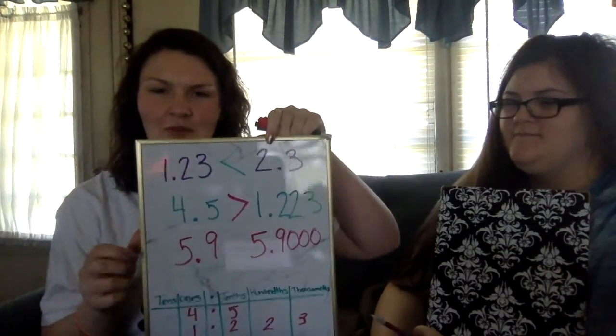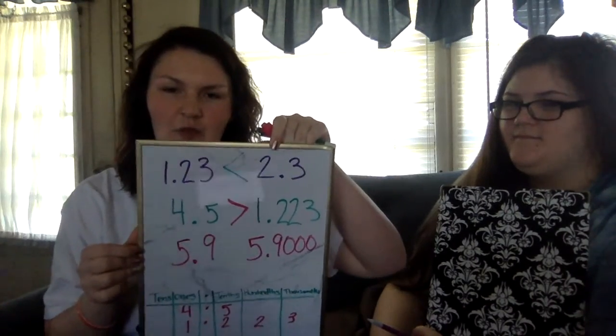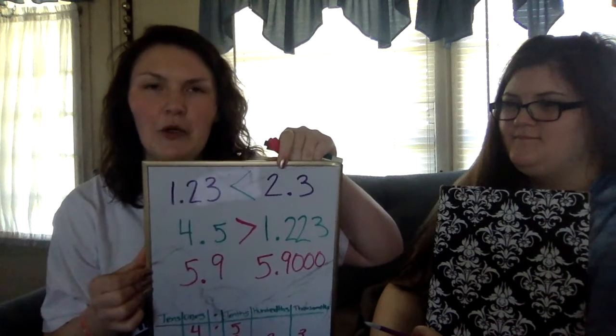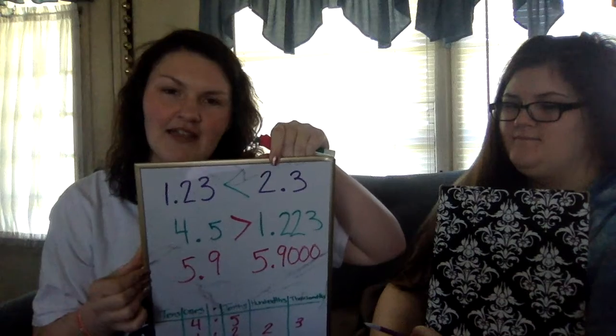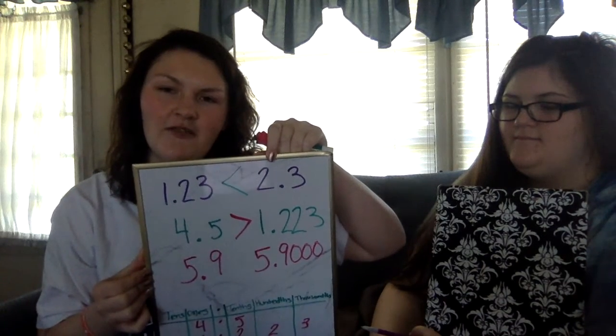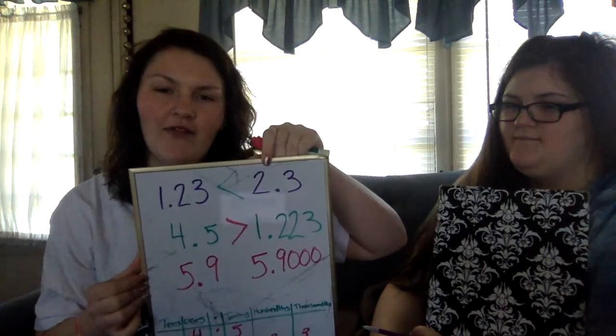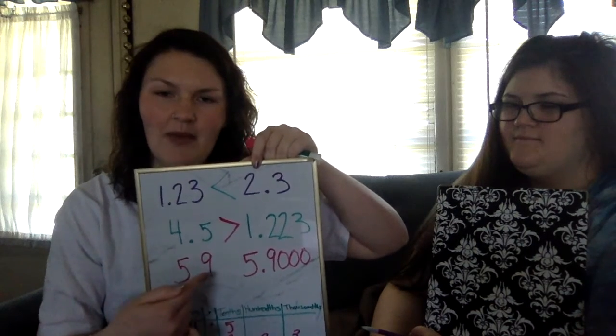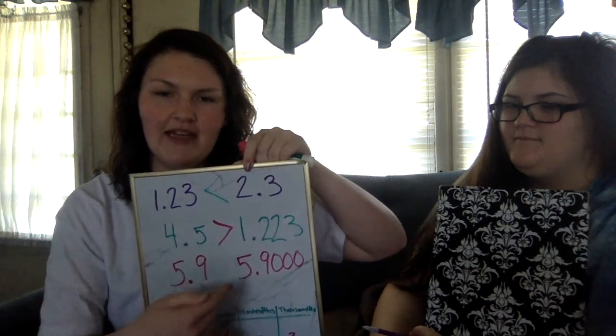So again, some students might get confused because they see more numbers in 5.9000, but they should have an understanding from the multiplication and division lessons that whenever they have just 5.9, they can imagine that there are zeros behind it.